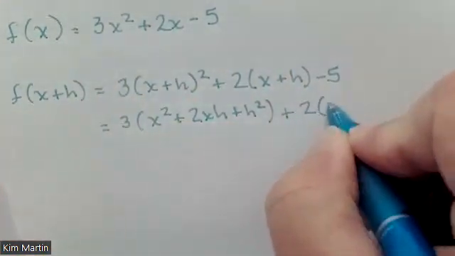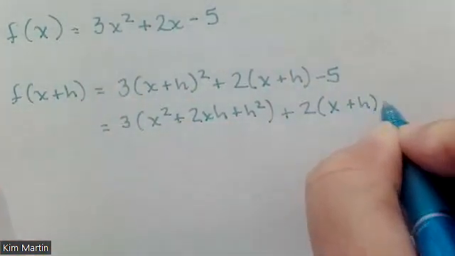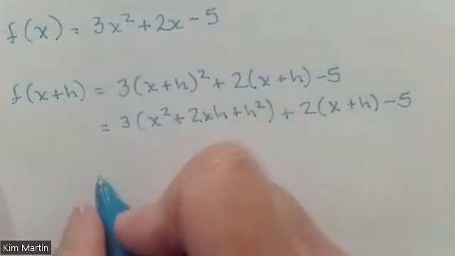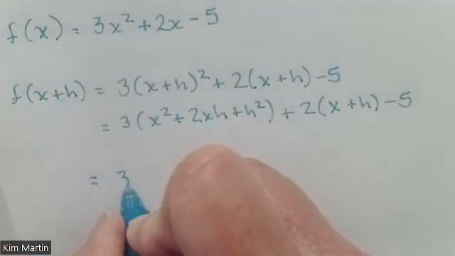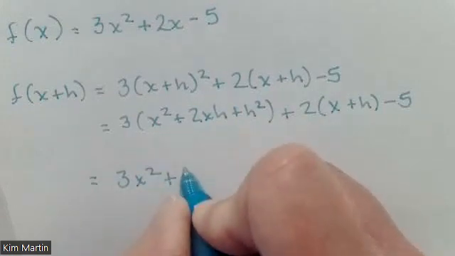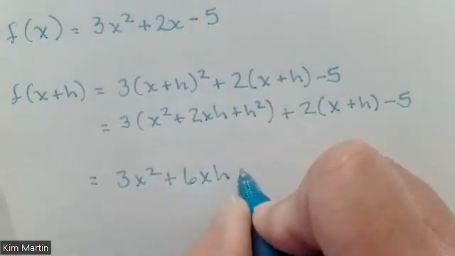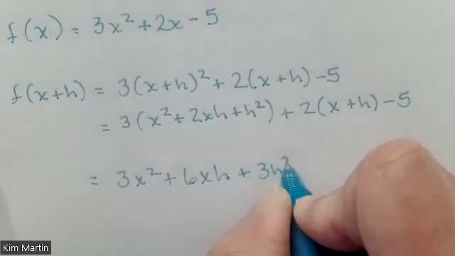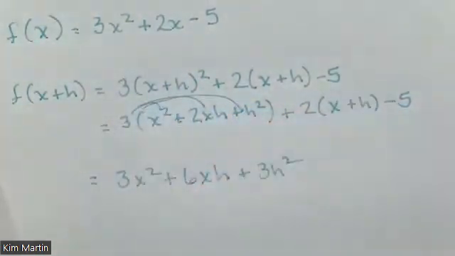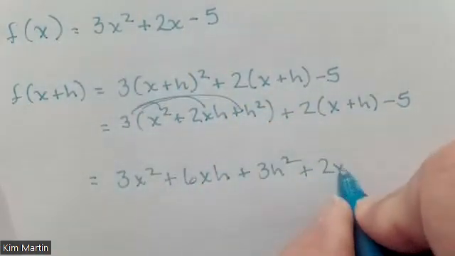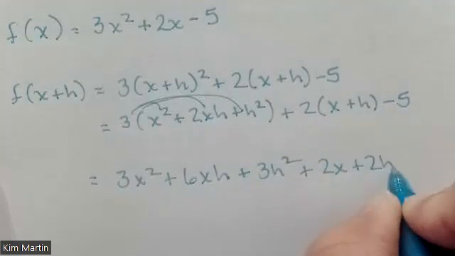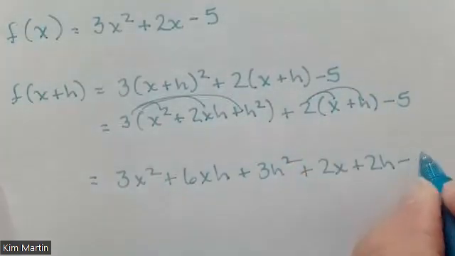Plus 2, this is the longest part of this whole process, minus 5. All right, so now I'm going to get 3x squared plus 6xh plus 3h squared, because I'm distributing this, plus 2x plus 2h, because I'm distributing this, minus 5.